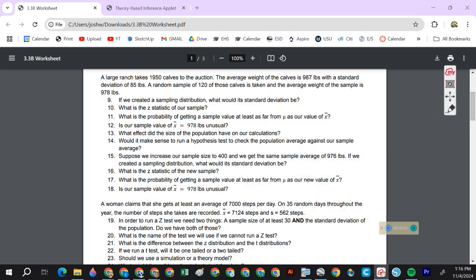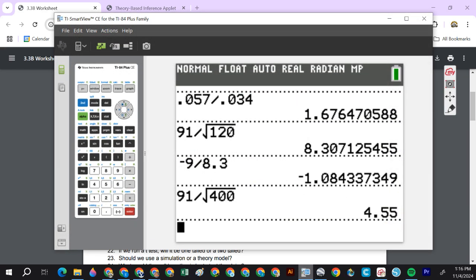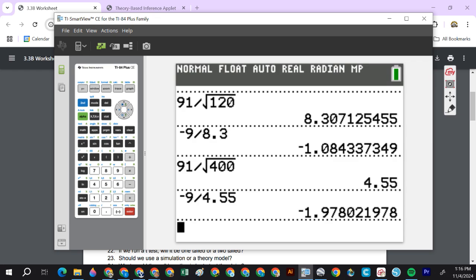What is the z statistic of the new sample? So that would be negative 9 divided by 4.3? 4.55. So negative 9 divided by 4.55. And now I get a z-score of negative 1.97.